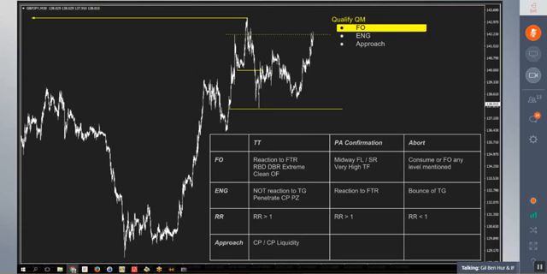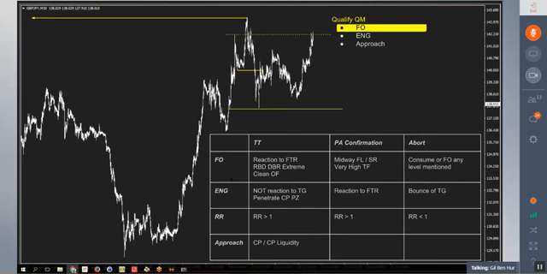The other is that I want to wait for price to come to the level, and then look for another confirmation, a lower time frame confirmation. And the next is what will disqualify the whole QM. So I want all three or four elements of the formation to be at least on these first two, and not on the abort status.